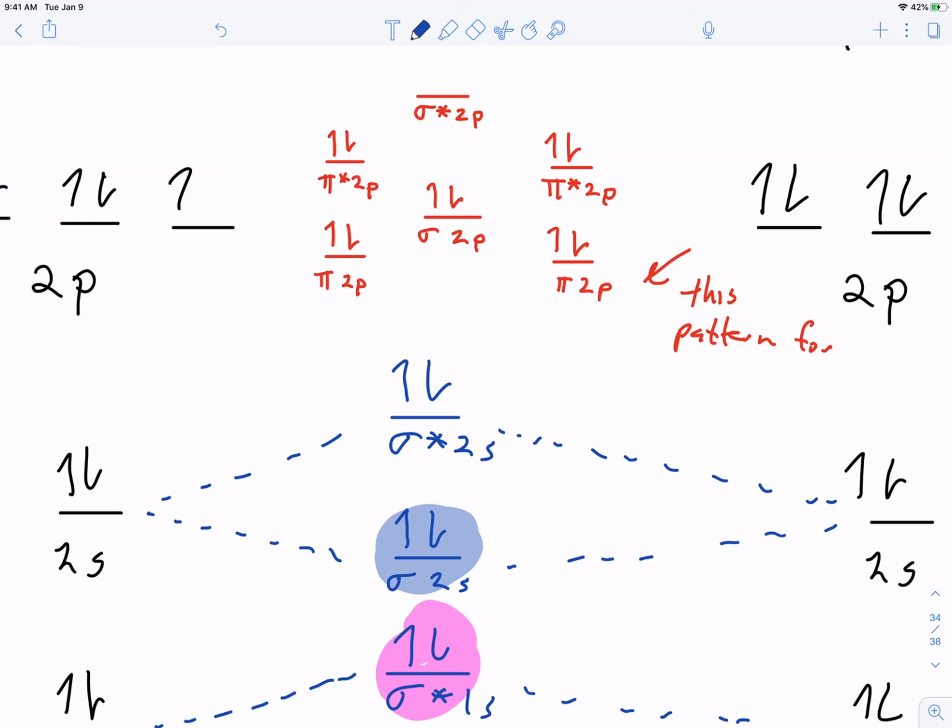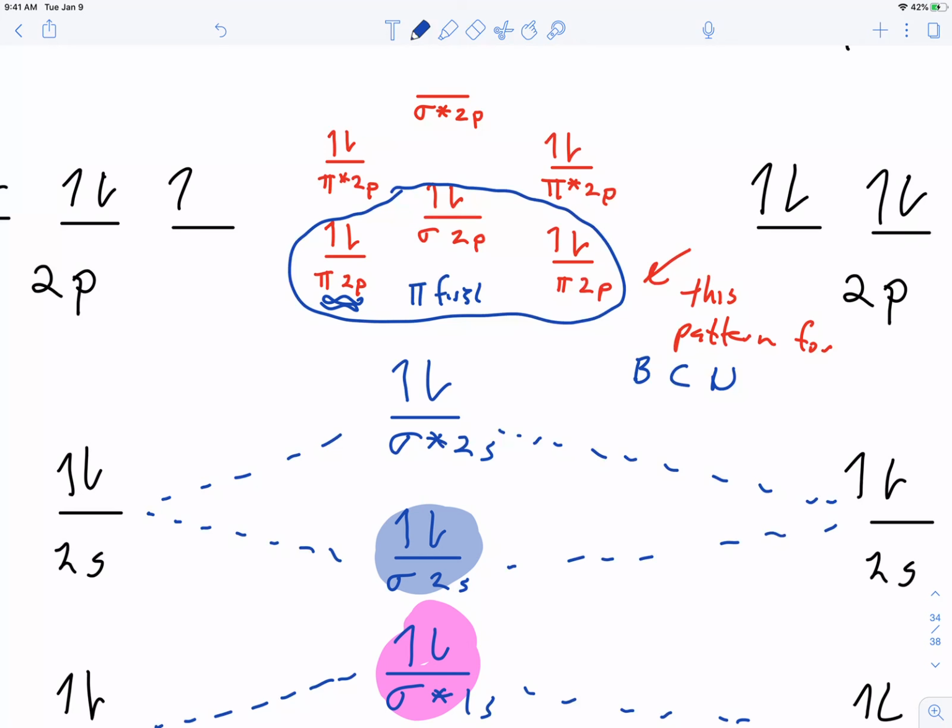Pi comes first. So this is what I'm telling you. Pi first. And this is the pattern for boron, carbon, and nitrogen. Pi comes first. Sigma comes first for oxygen, fluorine, and neon. Sigma is at a lower energy level. But for boron, carbon, and nitrogen, pi is at a lower energy level.